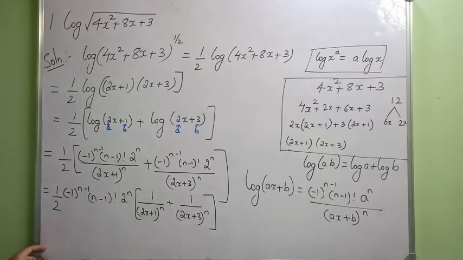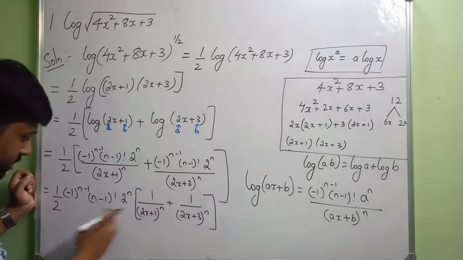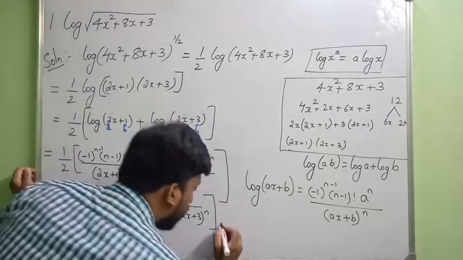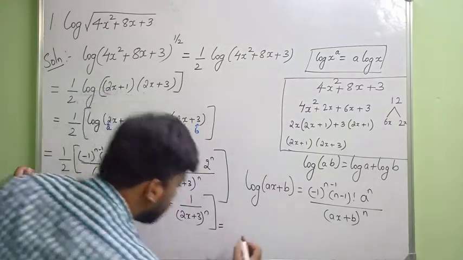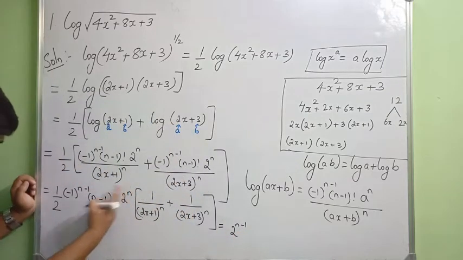Okay, so this is the thing. Finally, what we can write? Here I have 2 to the power of n and here 2. So that I can combine these two, because we have exponential a to the power of m by a to the power of n is nothing but a to the power of m minus n. That one I will be doing here. So altogether I will be getting 2 to the power of n minus 1. This I am getting because this is 2 to the power of n divided by 2.